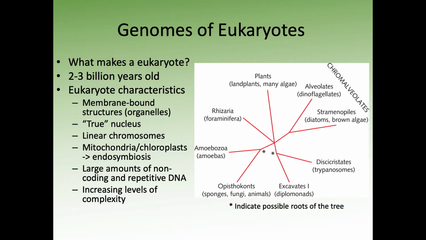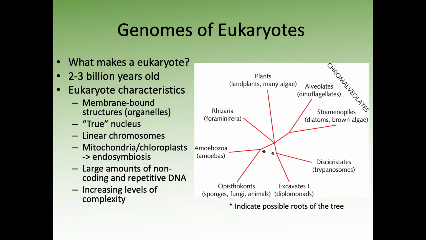And over on the right here, we have some of the main branches, and this is a non-rooted tree in this case, right? So it's not saying where the base of this tree is, to better understand the relationships between these organisms, but there are some possible proposed roots.